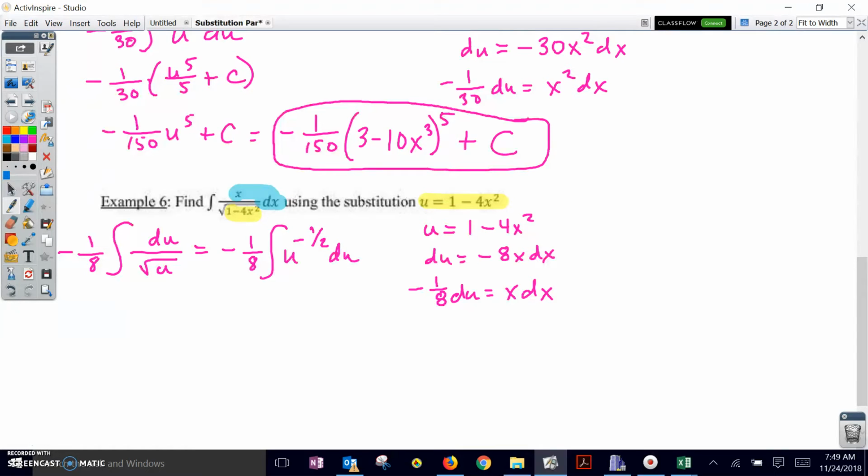And so I'm going to, again, use the power rule whenever I have a square root like this to take the antiderivative. So this is going to turn into negative 1/8 times the quantity u to the 1/2 divided by 1/2.